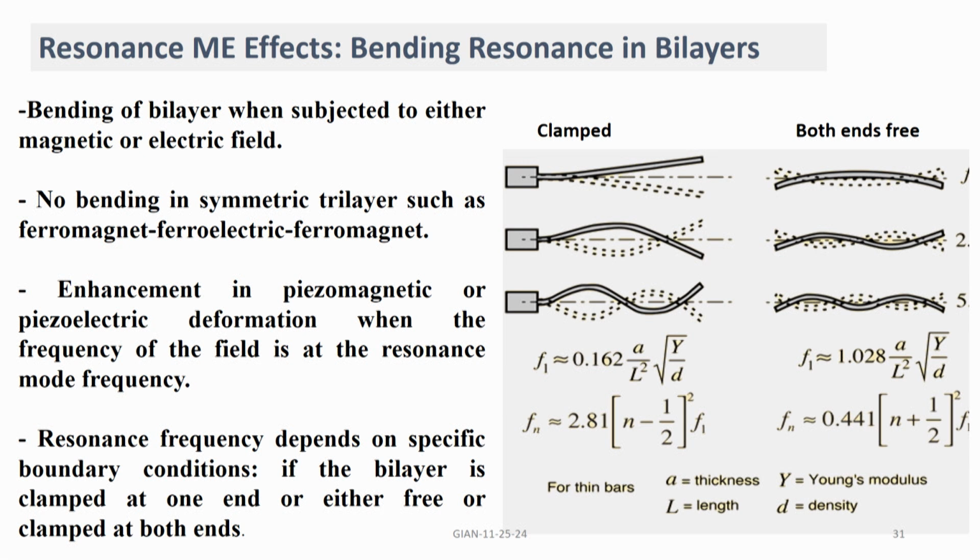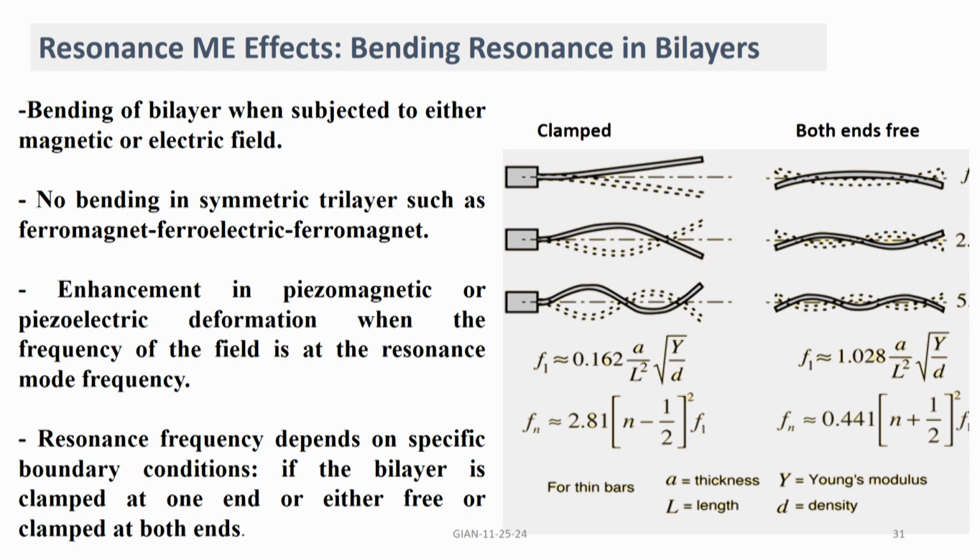What's shown here is a bilayer under 2 conditions. One is the composite is rigidly clamped at one end, and the other option is having both ends free. The difference is any free end will have maximum in amplitude.